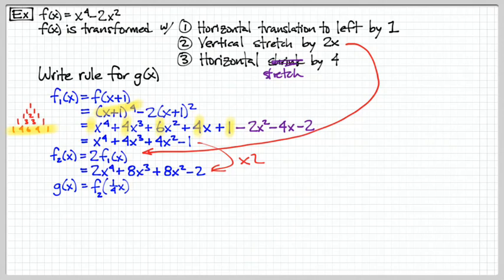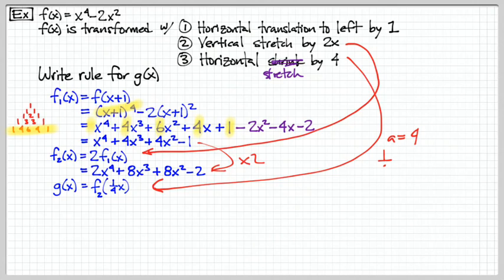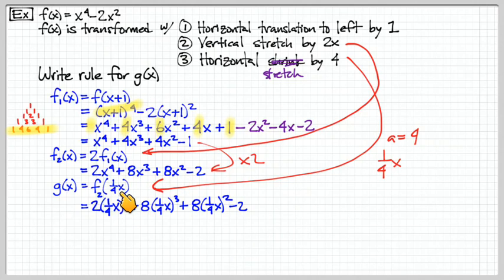Next, I want to perform a horizontal stretch by 4. In this case, a is equal to 4, so I want to take 1 over a and feed that into my function here. So this value gets plugged into each of these x's right here. So plug in 1/4 x, plug in 1/4 x, plug in 1/4 x.